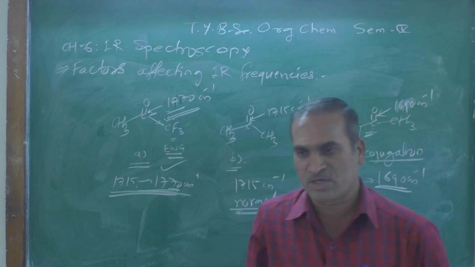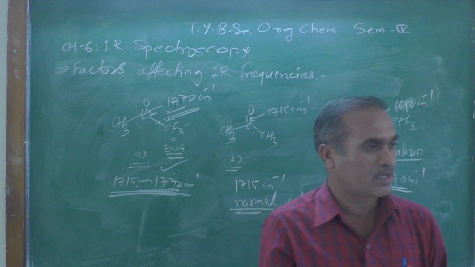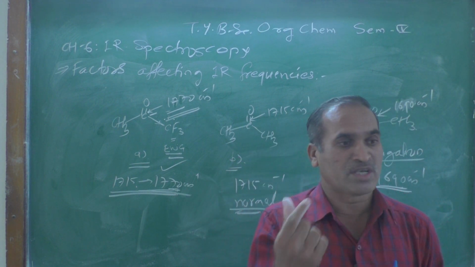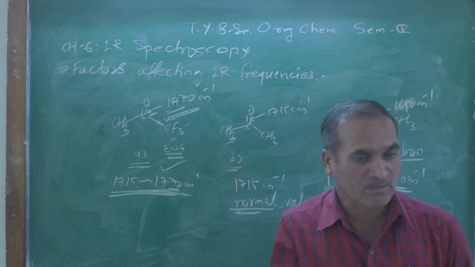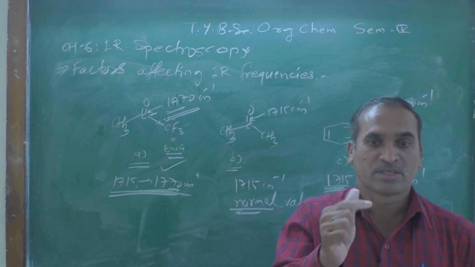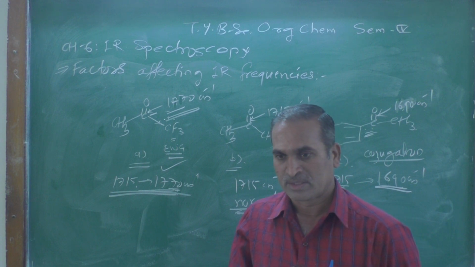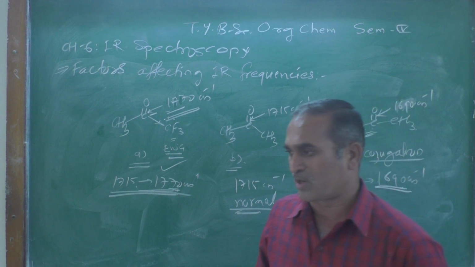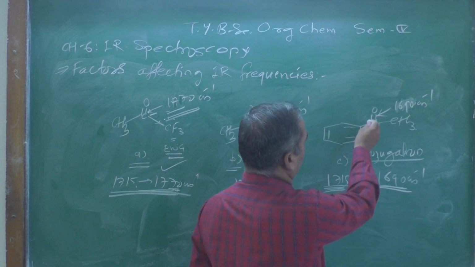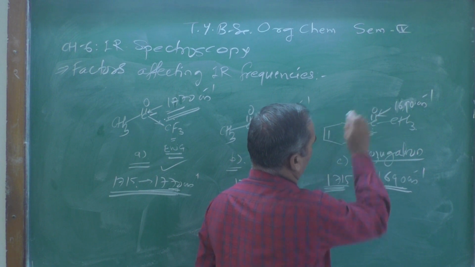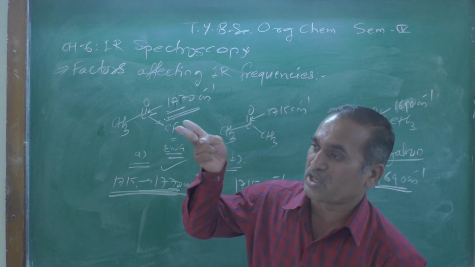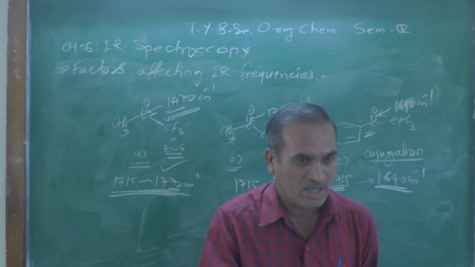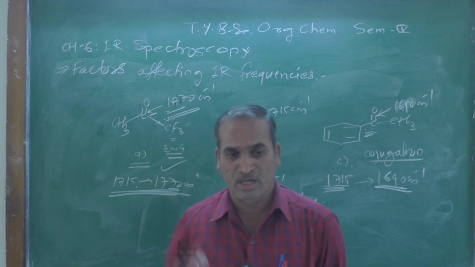And what does the conjugation do here? The conjugation increases the single bond character, or in other words there is a decrease in the double bond character. Look here at the conjugation: this double bond goes toward the oxygen atom, meaning there is a decrease in the double bond character, or an increase in the single bond character.